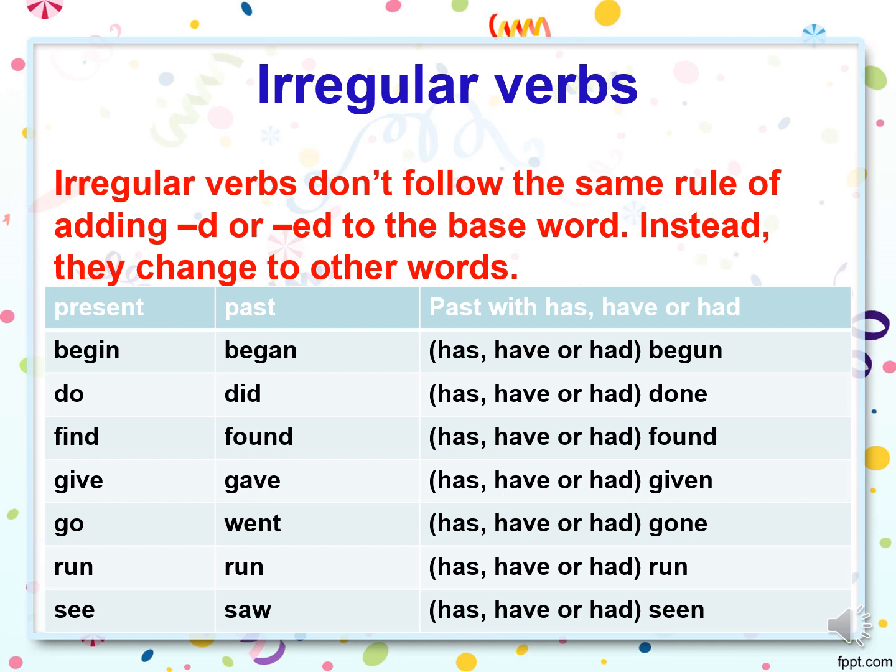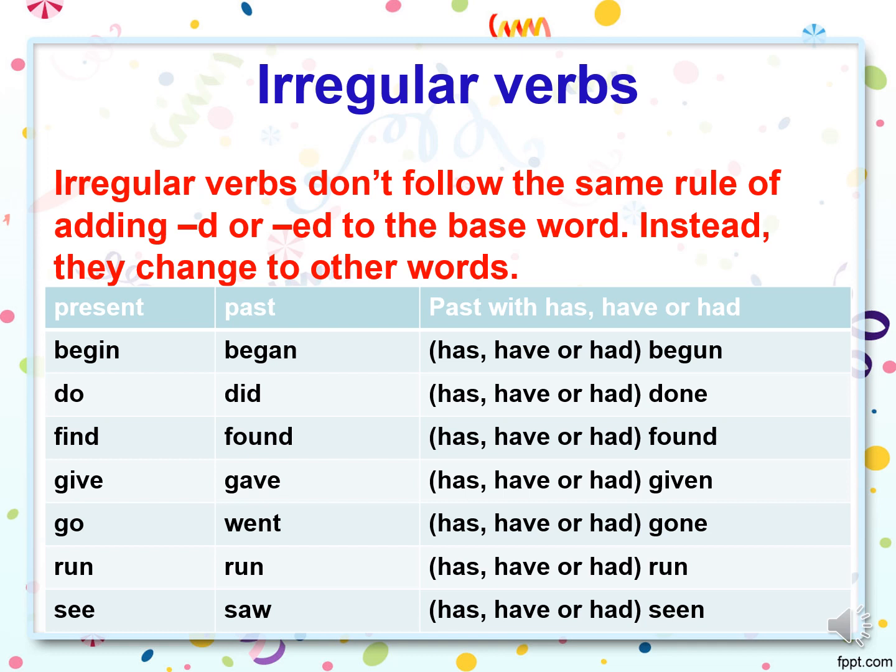What about the irregular verbs? Irregular verbs don't follow the same rule of adding d or ed to the base word. Instead, they change to other words. In the present, we have the verb begin. Past, began. Past with has, have, or had, begun. Begin, began, begun.